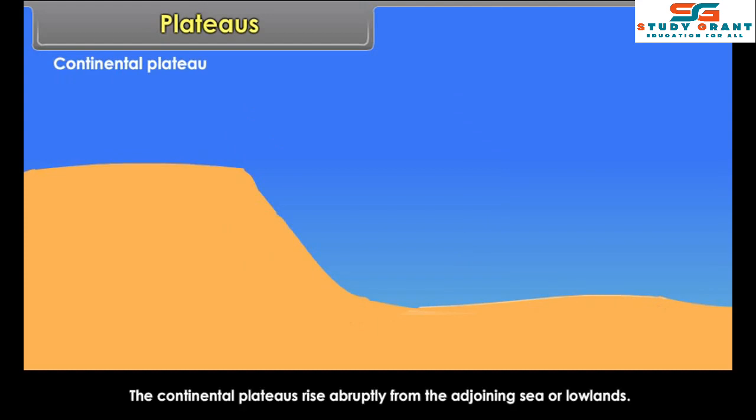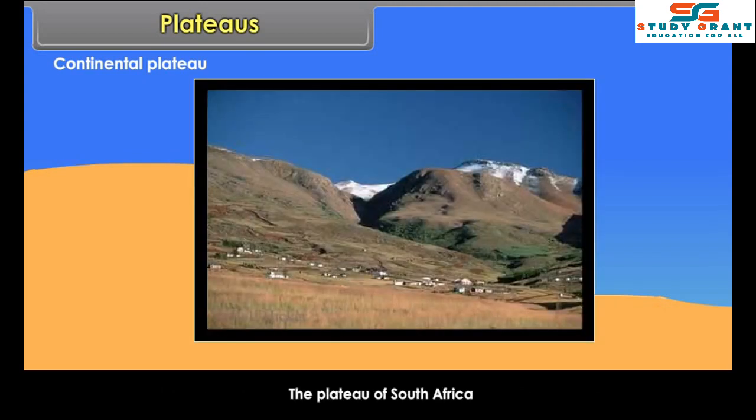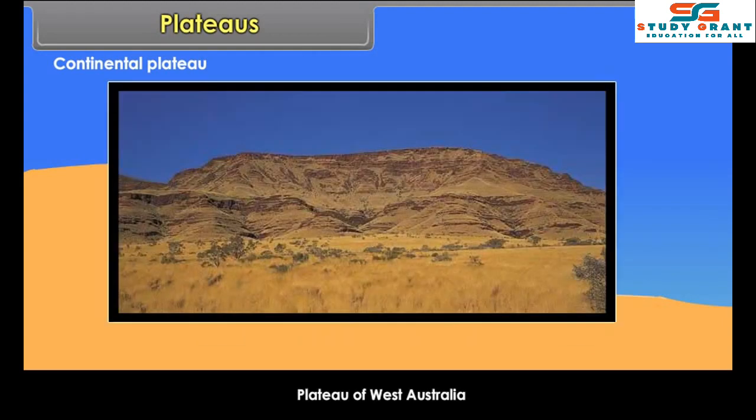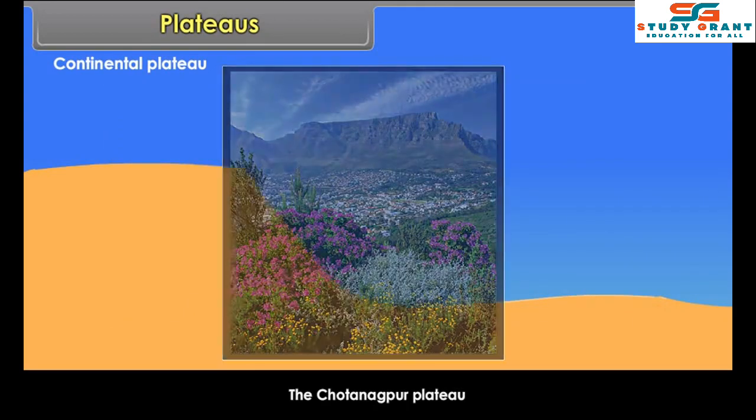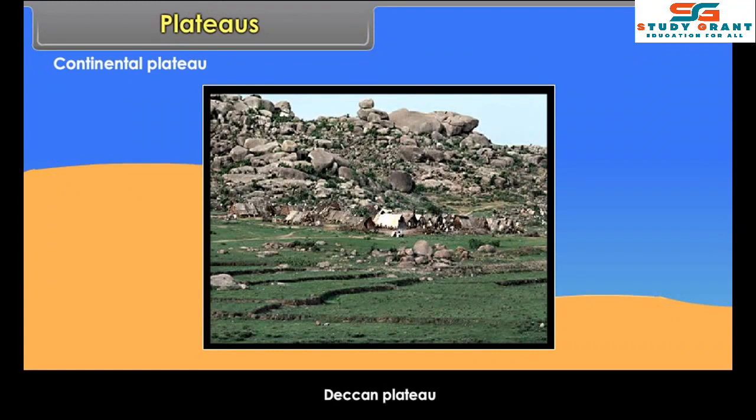The continental plateaus rise abruptly from the adjoining sea or lowlands. The plateau of South Africa, plateau of West Australia, the Chota Nagpur Plateau, and the Deccan Plateau are some examples of this type of plateau.